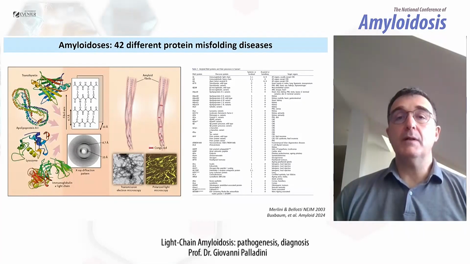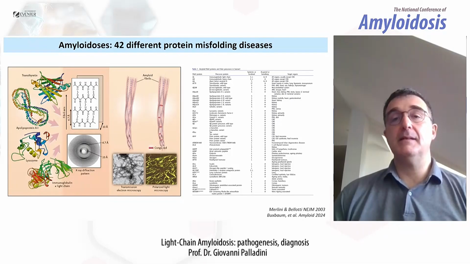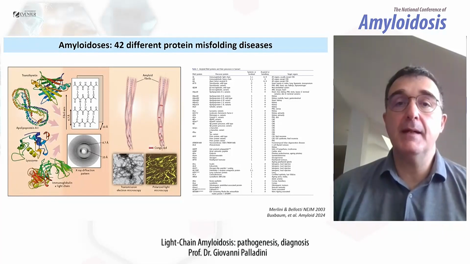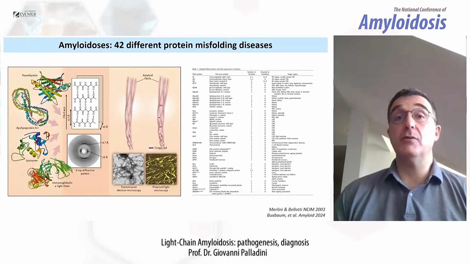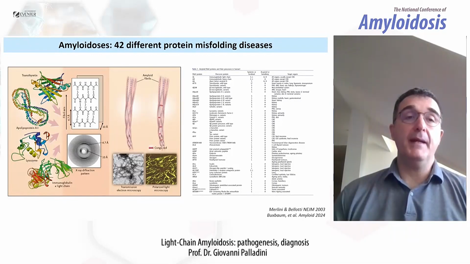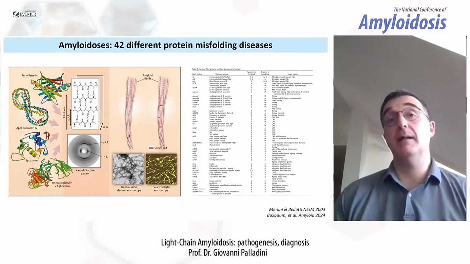And what makes these diseases similar to each other, what makes them belong to a group, is the fact that they are characterized by amyloid fibrils depositing in the tissues. But while the amyloid fibrils are probably a final common pathway for protein deposition in diseases and in tissues, the proteins that can actually originate the amyloid fibrils are very different.